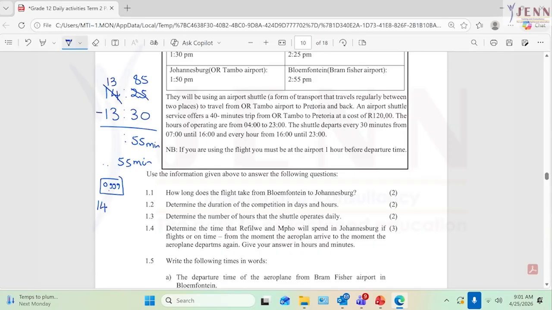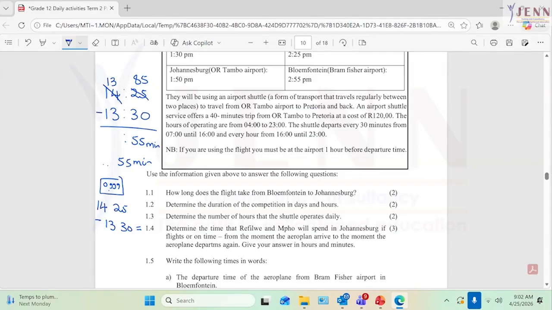After 14, you go to the sign, then 25. After 25, again, you press the sign, then minus sign, because now you want the time difference, then you press 13. After 13, you go to the button again, then 30, you go to the button again, then the equal sign. It will give you the correct answer of 55 minutes.